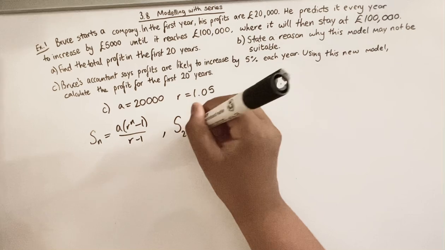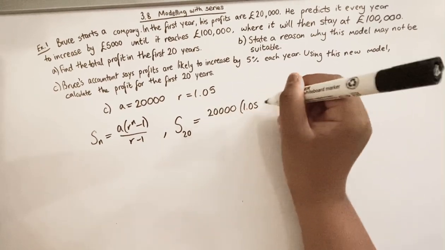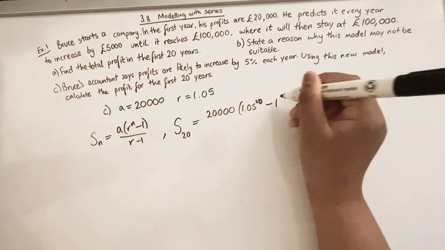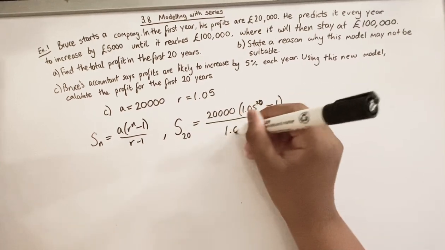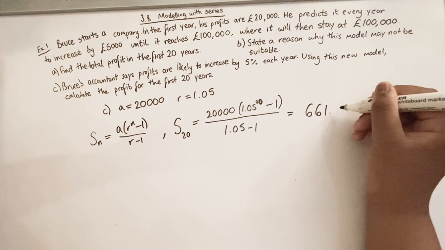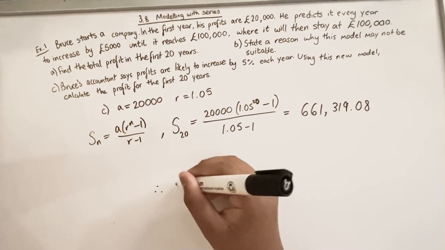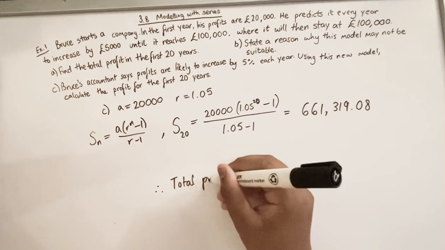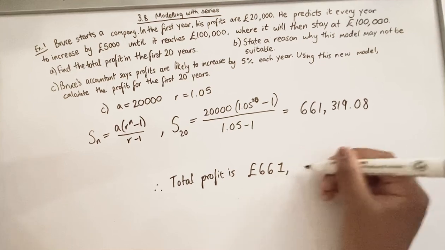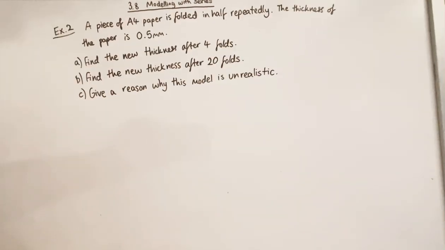And so we want S20, which is 20,000 times (1.05 to the 20 minus 1), all over 1.05 minus 1, which is 661,319.08. So therefore, the total profit is £661,319.08. Let's do one more example.